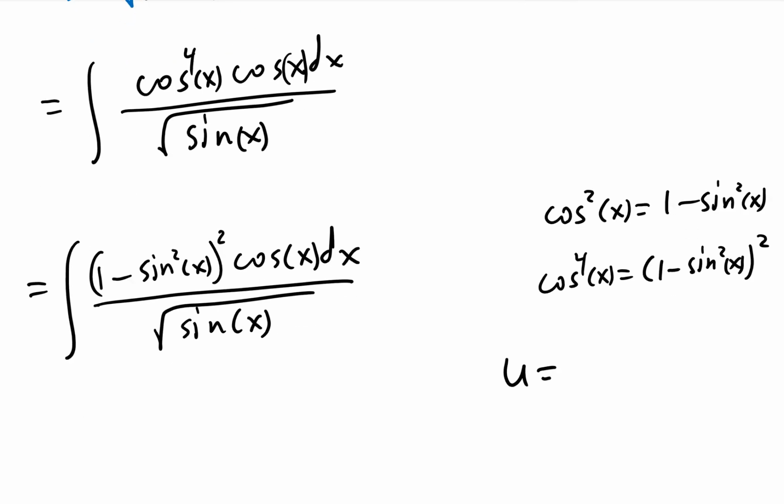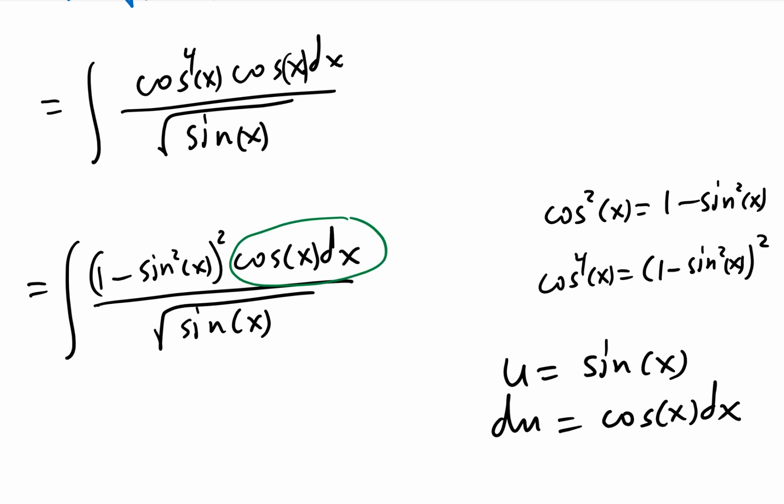So u here is sine x. du is cosine x dx. So this is our du. So it's going to look like 1 minus u square, squared, du over the square root of u.